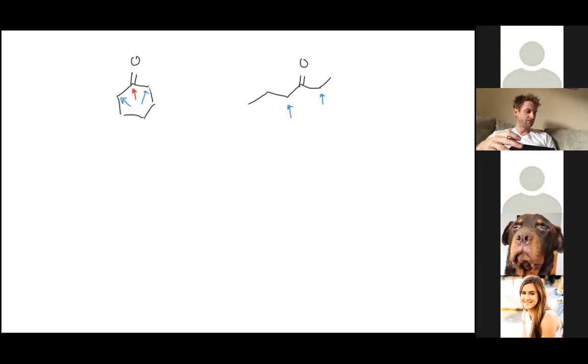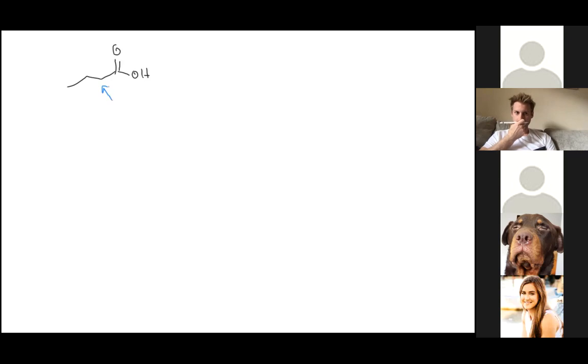We can do this with a slightly different set of reagents for carboxylic acids. I'm not going to go through the mechanism for this one because it's kind of complicated, but doing a very similar reaction, if we take a carboxylic acid, the alpha carbon of this is still one away from our carbonyl.